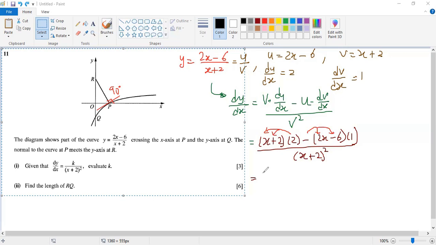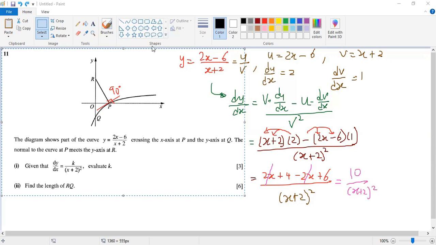So what does the numerator become? 2x plus 4, minus 2x plus 6, then the whole thing over x plus 2 squared. You can easily see that the 2x is cancelling out. Ta-da! 2x cancels out. 4 plus 6, so 10 over x plus 2 squared.